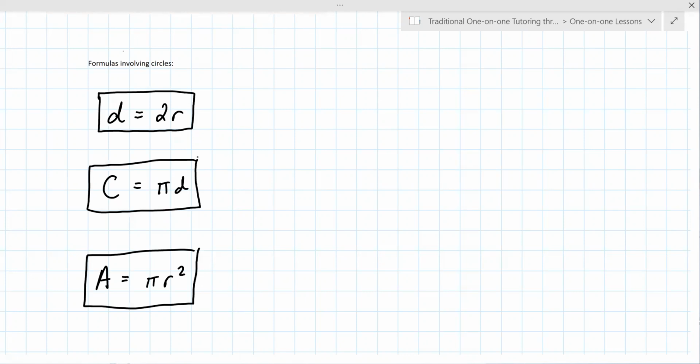Let me know when you get this down, because we're going to use them for at least one problem. I got D equals 2 times R, C equals 2, 3.14 R. No, it's not 3.14, it's pi. We're going to use pi. Yeah, C equals 2 pi. That's not what I've written, though.